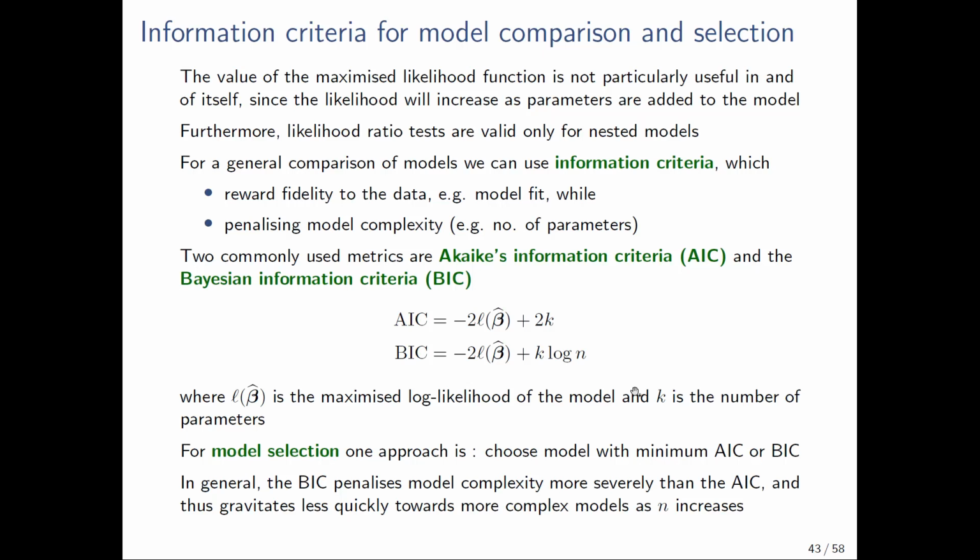For model selection, one approach is simply to choose the model with the minimum AIC or BIC. So that would give us the model that fits the data best but is most parsimonious. In general, the BIC penalizes complexity more severely than the AIC, and thus it gravitates less quickly towards more complex models as sample size increases.